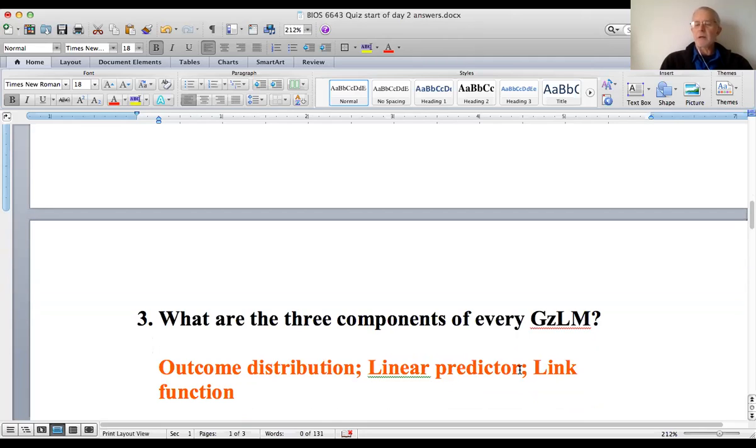The systematic component, in other words, the linear predictor, x prime beta, all your covariates and treatments and such. And the link function, which tells you what scale you're on. Linear, logistic, log, okay? Those three things, and you remember we showed you software last time for SAS and R. Every one of those, you had to specify these three things and nothing else, okay? So those are the three things that make up a generalized linear model. Questions on that?